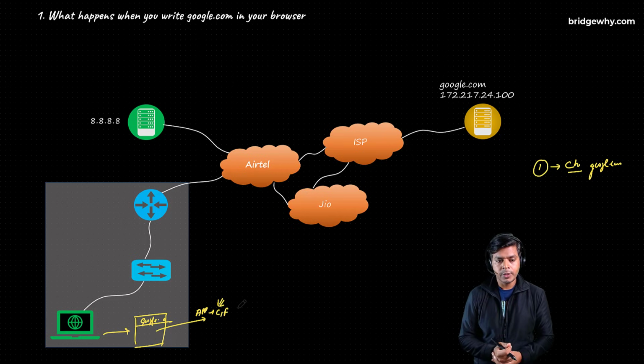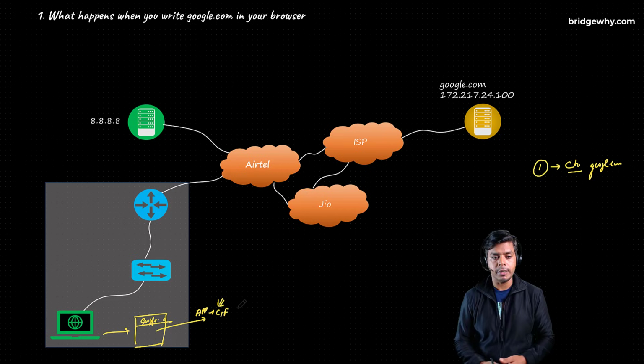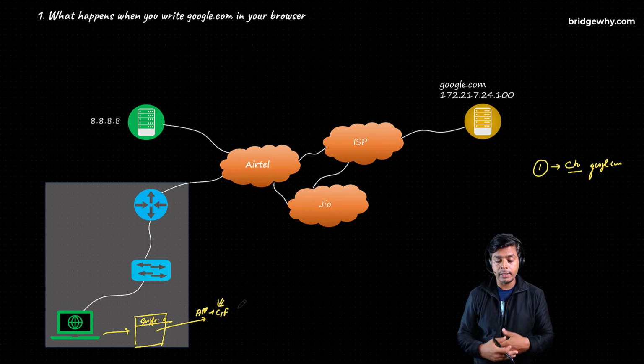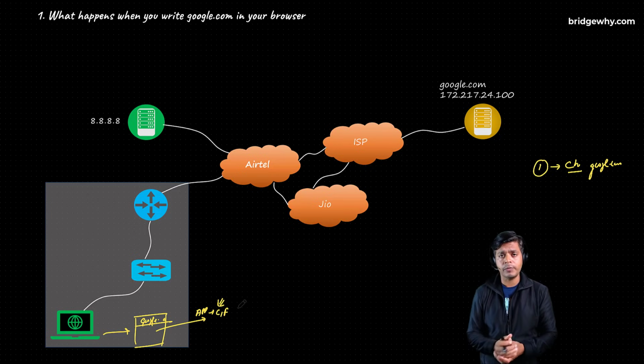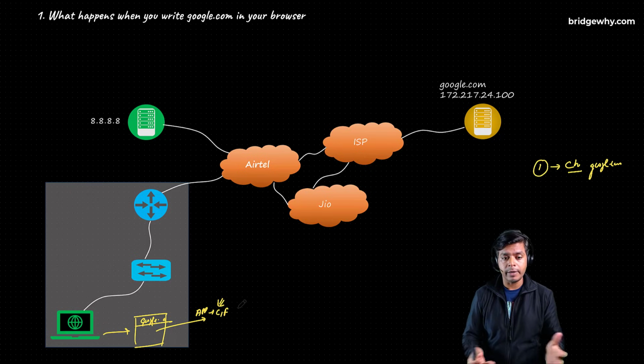So when somebody has written bridgewhy.com, this laptop has the IP address of it because it might have asked the DNS for the IP address of bridgewhy.com. It doesn't want to ask this information again and again from the DNS server, and that is why they store it in their cache. And since they store this information in the cache, it is readily available.